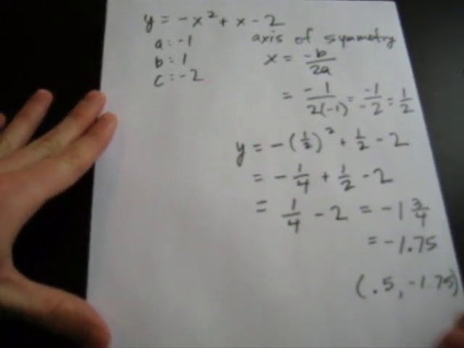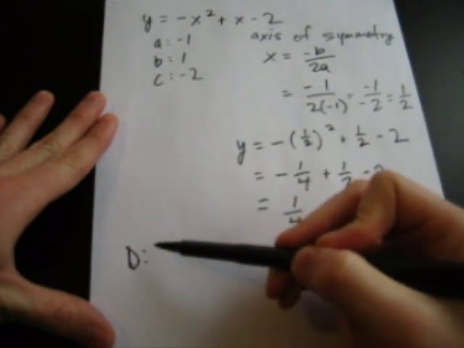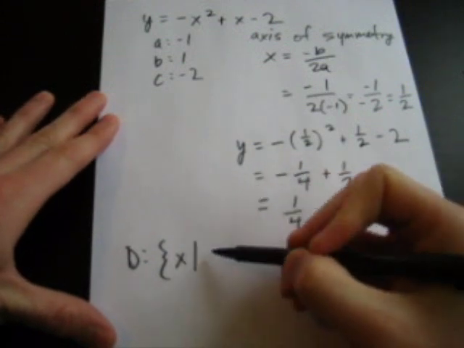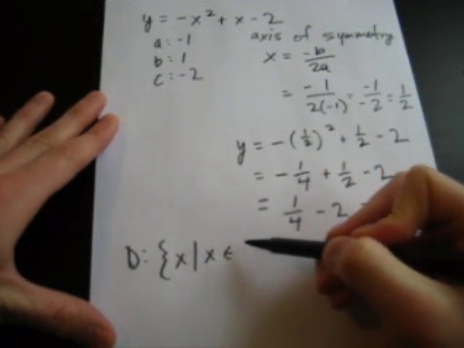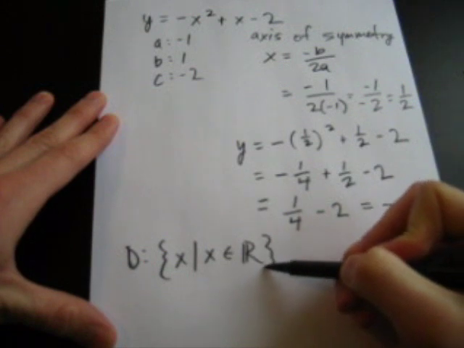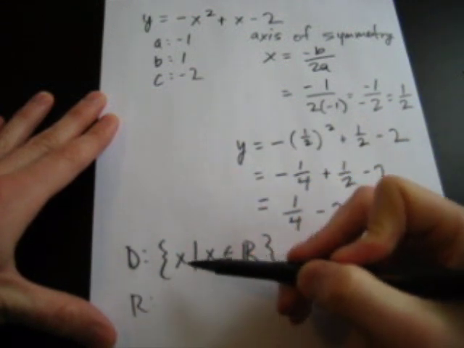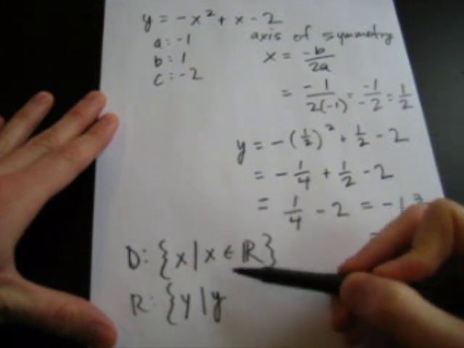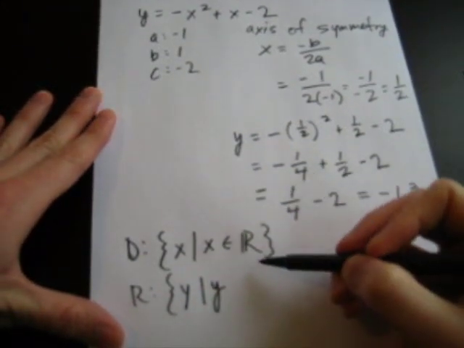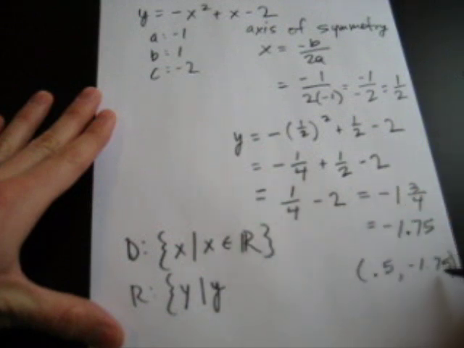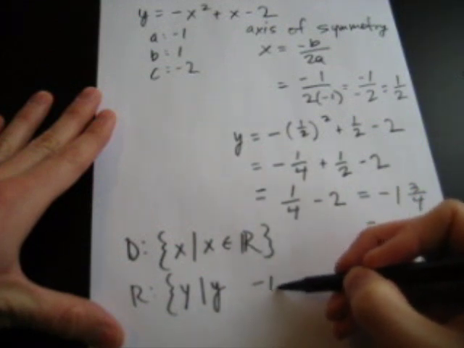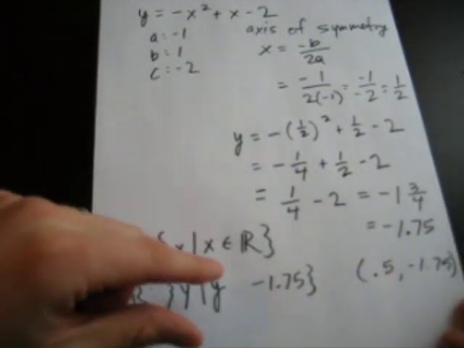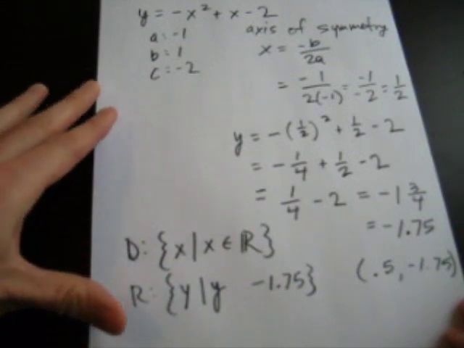If you were going to write the domain and range of this now, your domain we wrote on the last page is all real numbers, because it's just a regular function. And your range is all values of y, such that y is, now we know we're going to have 1.75 in here, because that was the y of our vertex. But we need to think about if they're going to be greater than or less than.